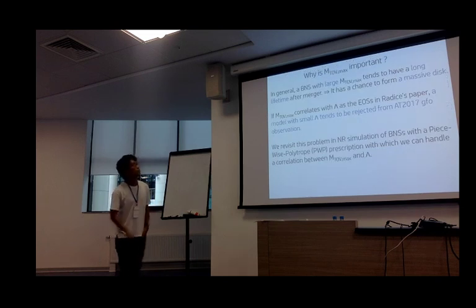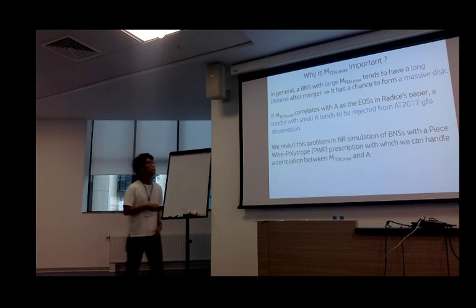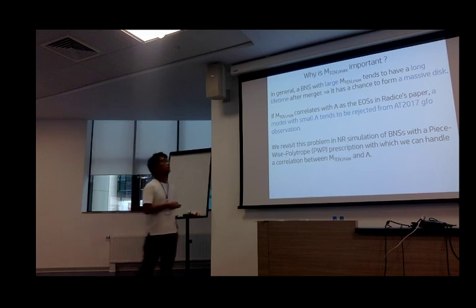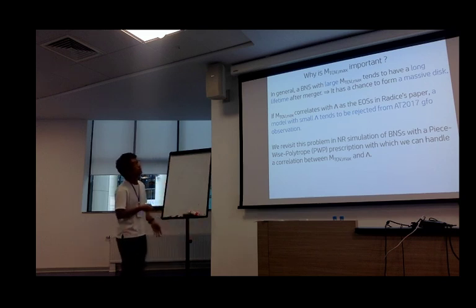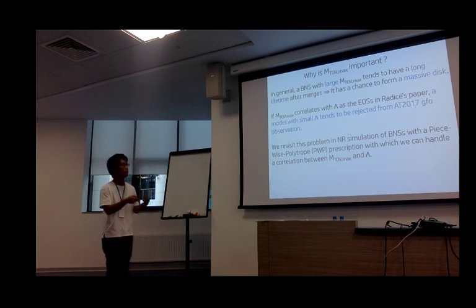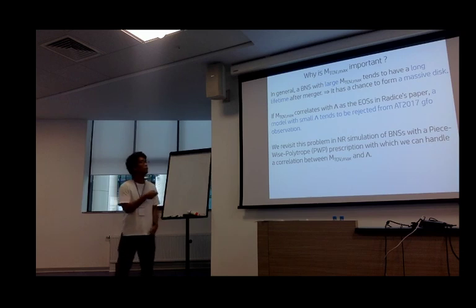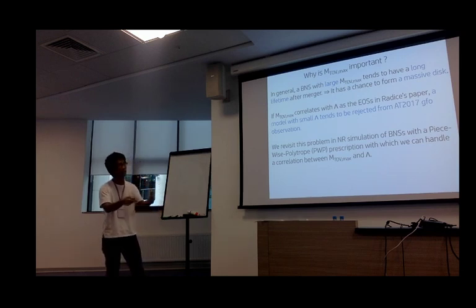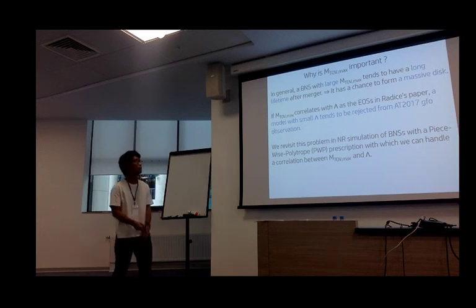Why do we have to care about the maximum mass of the neutron star? In general, a binary neutron star with a large maximum mass tends to have a long time scale after the merger because the maximum mass is large, which means that it has a chance to form a massive disk because you have plenty of time for the angular momentum transport.